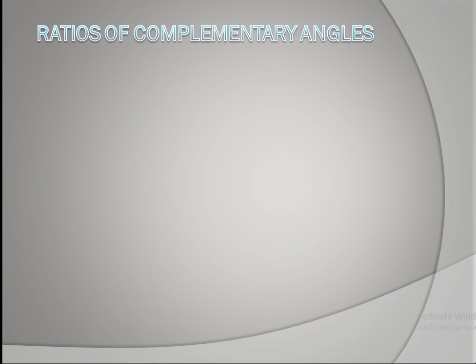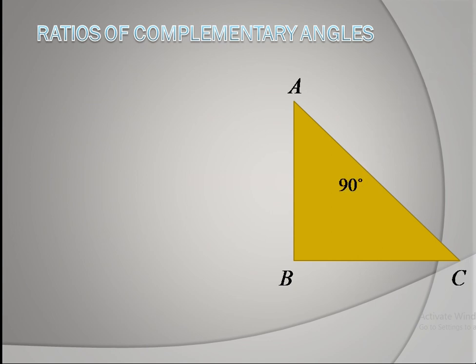Now let us take a right angle triangle. Name the vertices A, B and C. Here angle B is 90 degrees.